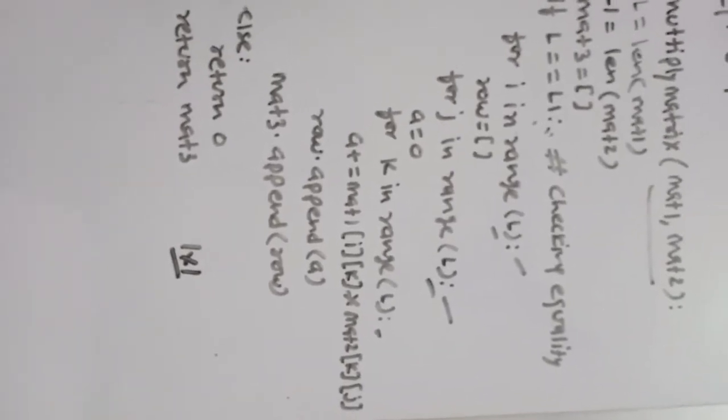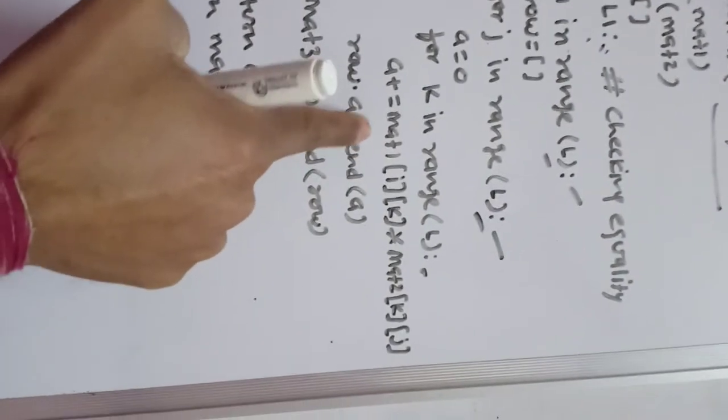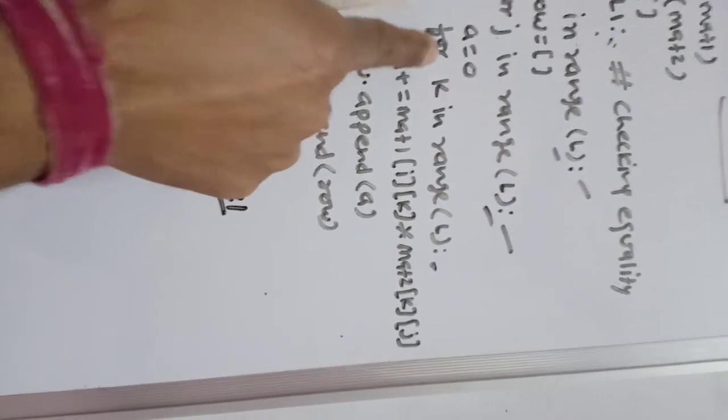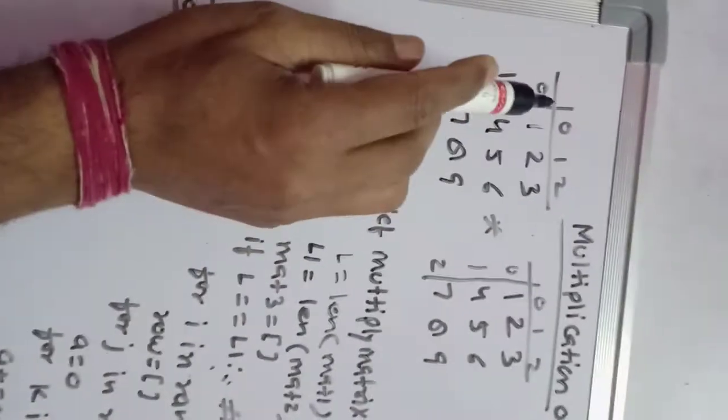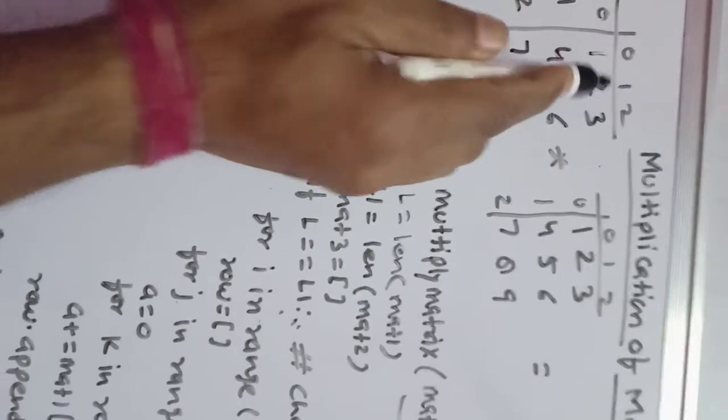Here, the second time, the value of K will be changed, because K is nested in J and J is nested in I. So the innermost loop will be rotated first. So the value of K becomes 1. Look at the code again. When the value of K is 1, A plus equals IK, and IK is 0, 1. 0, 1 means the value 2.